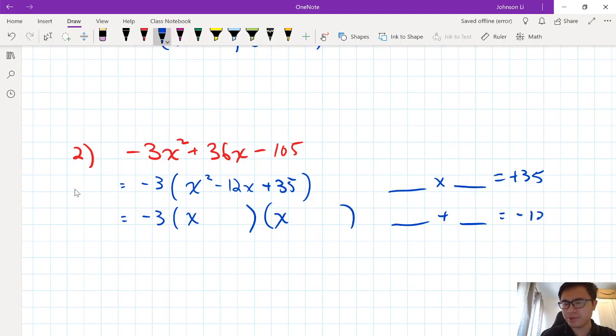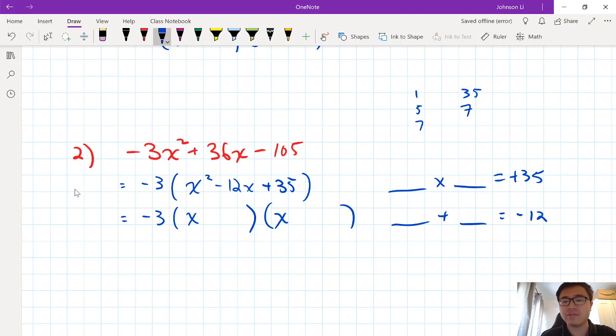Now these are some big numbers. So what I can do is think of pairs of numbers that multiply to 35. We have 1 and 35. We have 2, and I don't think 2 multiplies to anything. 3 can't multiply to anything to get 35. 4 doesn't work. We can do 5: 5 times 7 is 35.